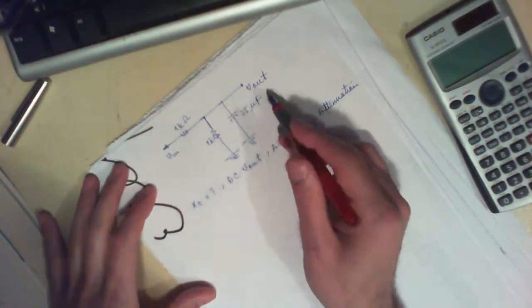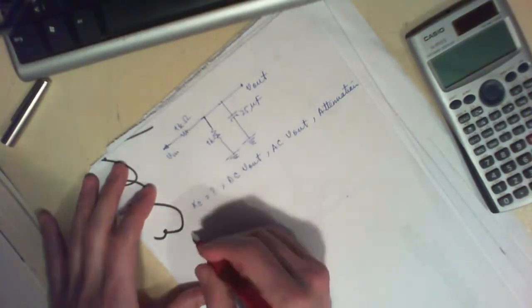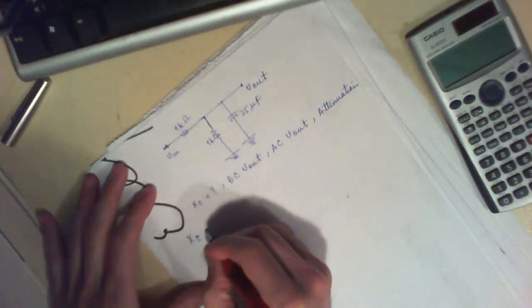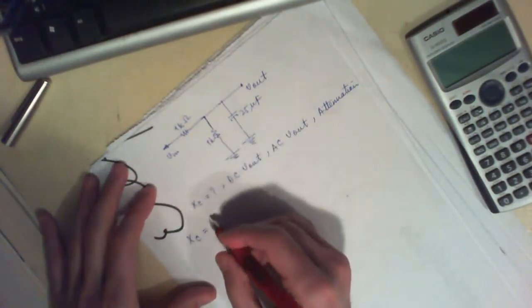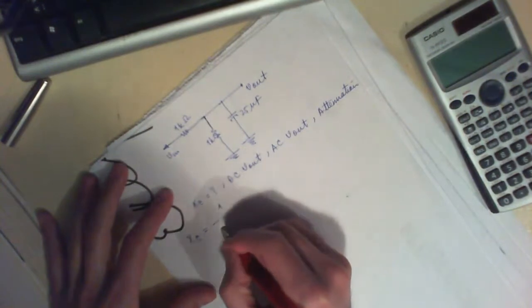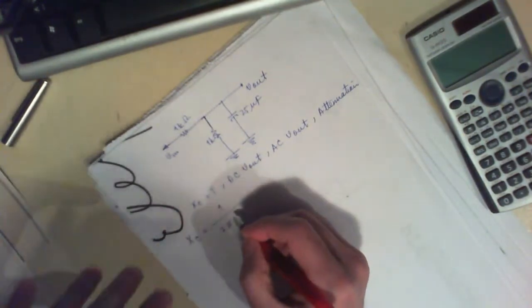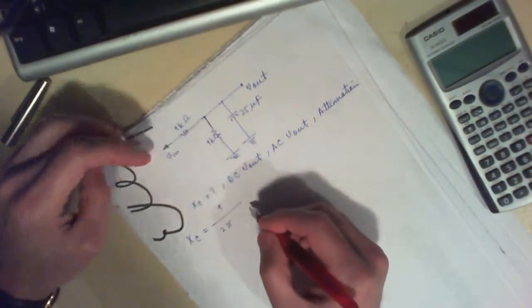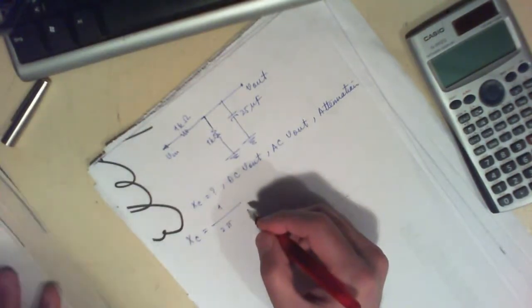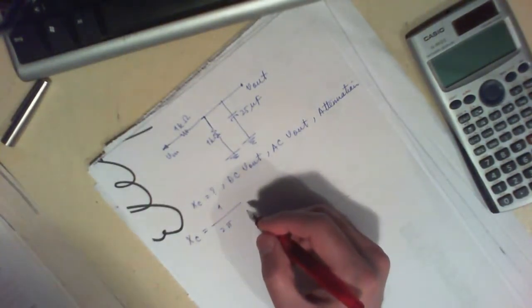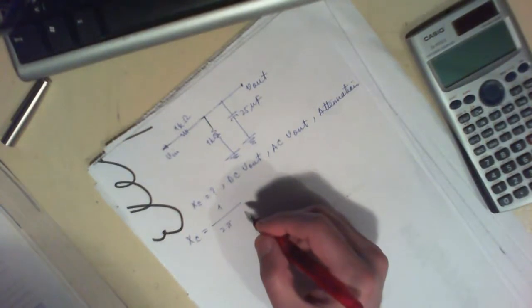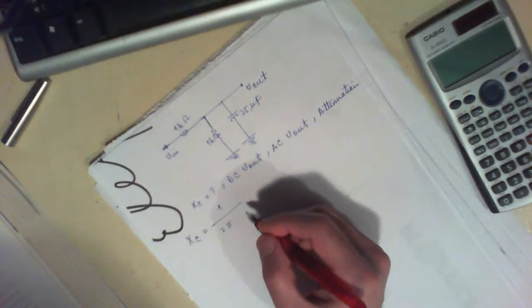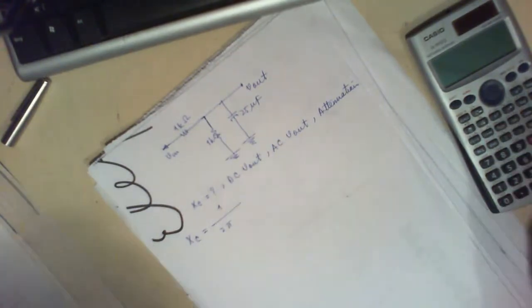So now what I want to do is find the X sub C of this capacitor, the reactance, which is 1 over 2 pi times the frequency times the capacitance. And the frequency over here is, let me see.